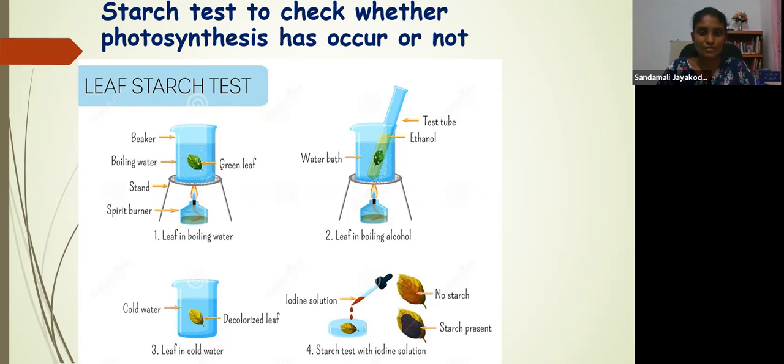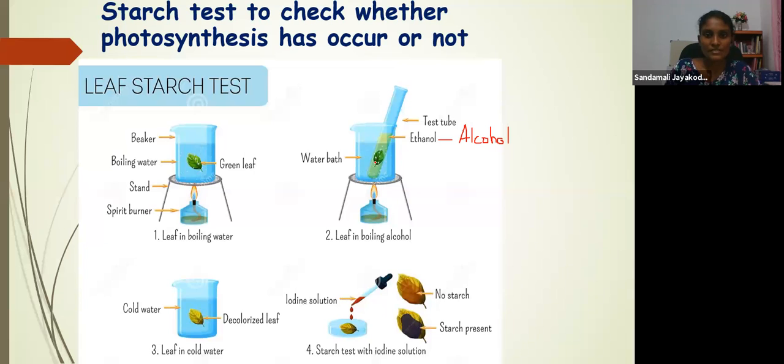And then what we do is, this is the first step, the leaf is boiled in boiling water. And then we take that leaf out of the boiling water and put it into a test tube containing alcohol or ethanol. Ethanol is an alcohol. There are different types of alcohol compounds, but here we have taken ethanol.